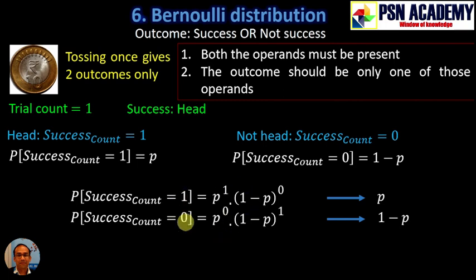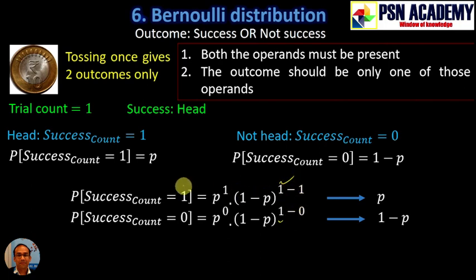Now, if you want to have a common equation for these two statements, for these two equations, then look over here, you change the 0 to 1 minus 1. And you change this 1 to 1 minus 0. Now, where from this 1, this 0 has come out?